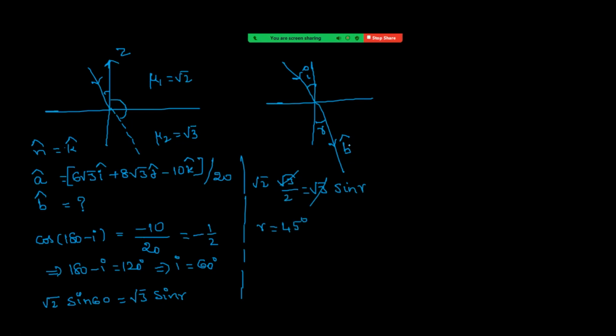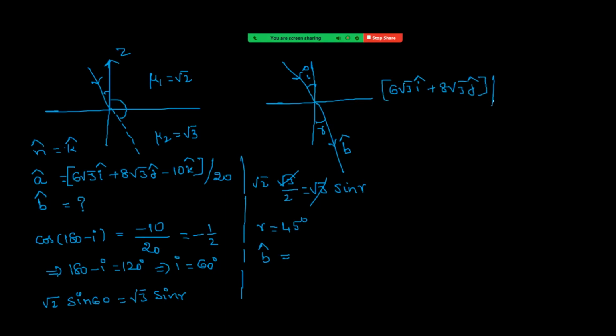Okay, now to find b cap, see what we are doing. b cap is equal to, it has a component along this plane, and remember along this plane, this is now the xy plane, a unit vector along it I can write as 6 root 3 i cap plus 8 root 3 j cap upon the modulus value.